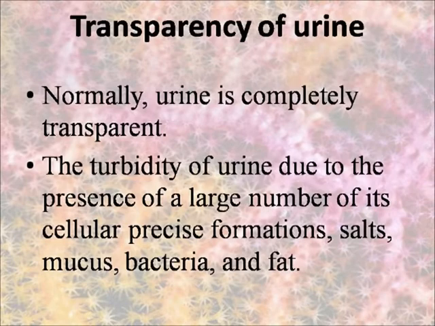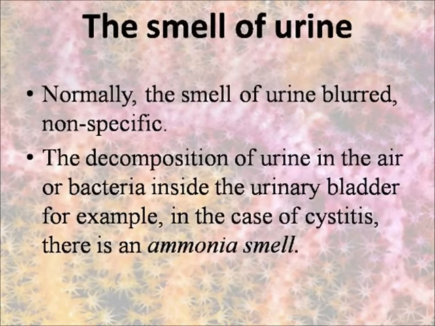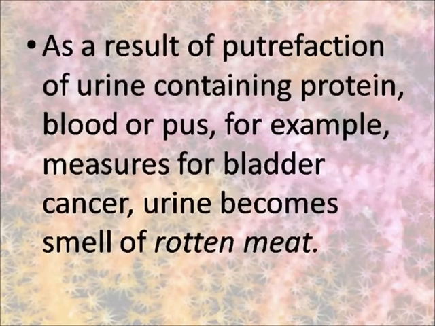The turbidity of urine is due to the presence of a large number of cellular formations, salts, mucus, bacteria, and fat. The smell of urine. Normally, the smell of urine is faint, non-specific. With decomposition of urine in the air or bacteria inside the urinary bladder, for example in the case of cystitis, there is an ammonia smell.